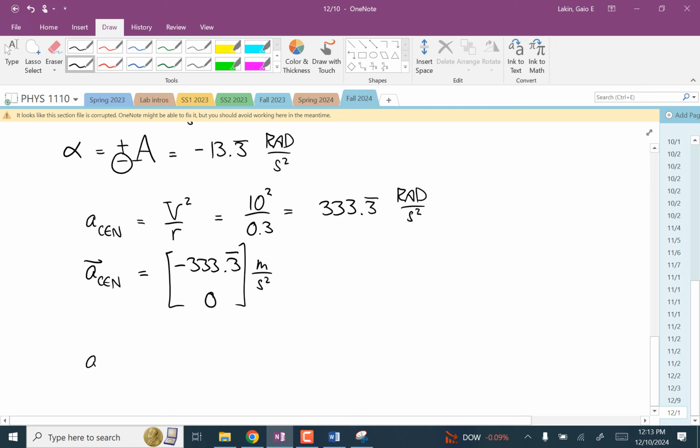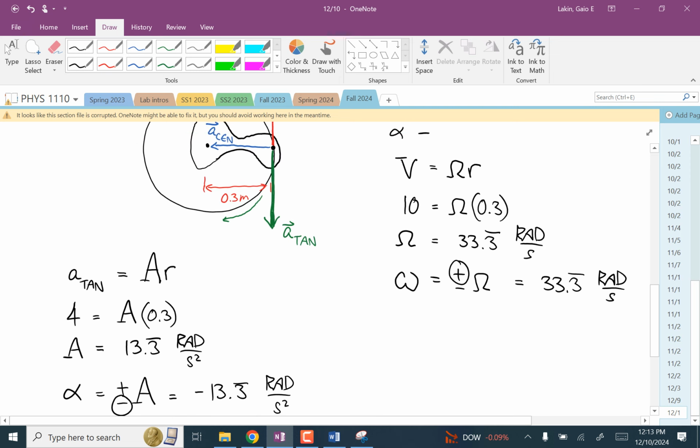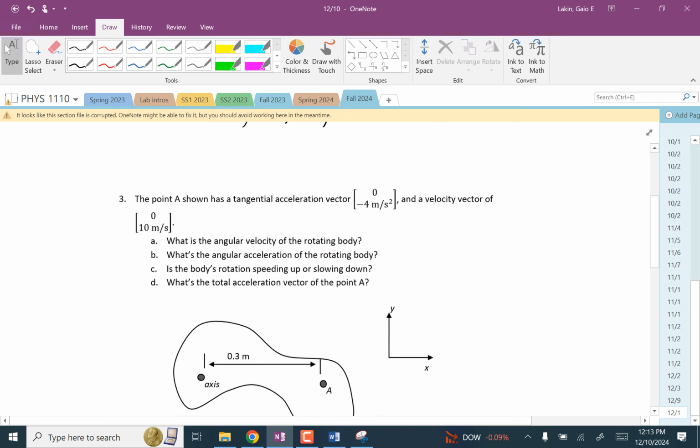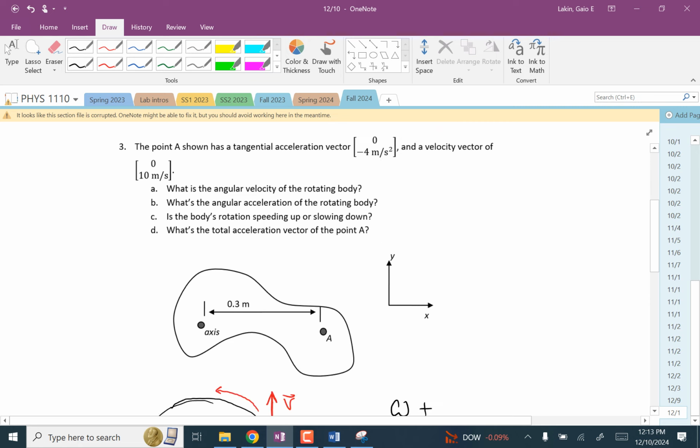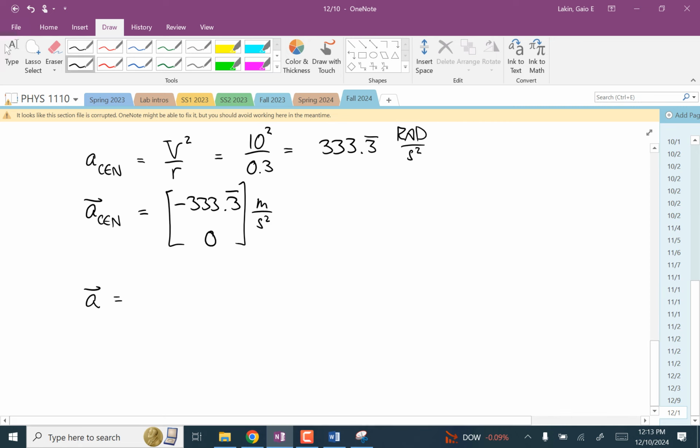And now the total acceleration is just the sum of the two parts of the acceleration. So the tangential was 0, negative 4. Centripetal is this, so negative 333.3 repeating, negative 4. Any questions about that?